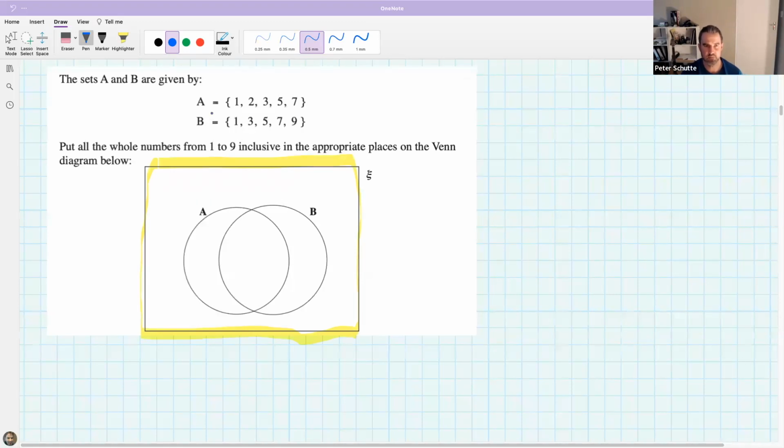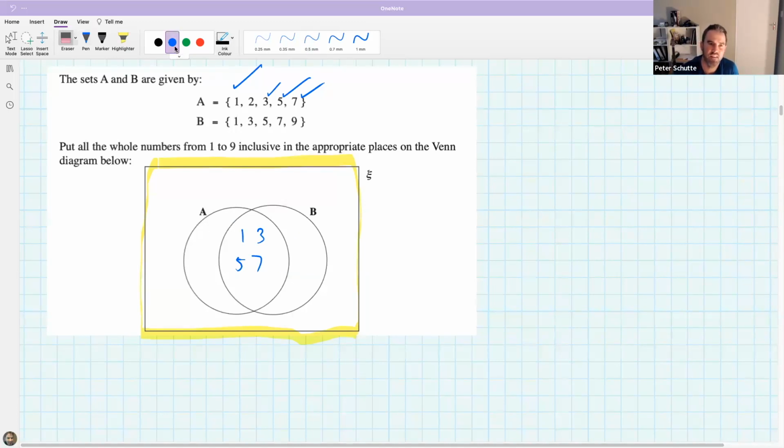If you look at the sets A and B, Khalid has said 1 is in both, 3 is in both, 5 is in both, 7 is in both. So with my Venn diagram, we would say 1, 3, 5, and 7 are in this region, the intersection of A and B. What is going to be in this region over here, which is only B and not anything else? It's all of B that's not in A, is another way of saying it.